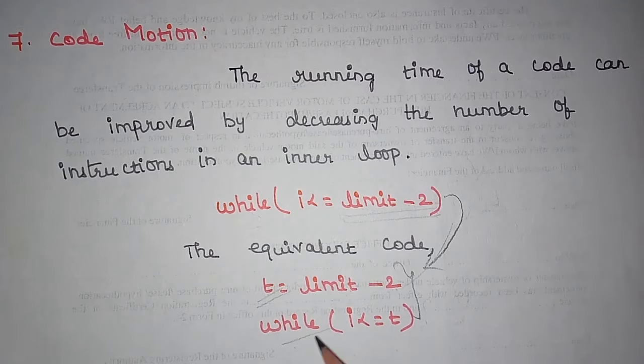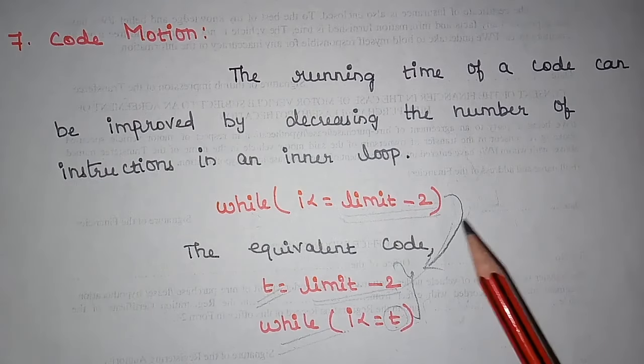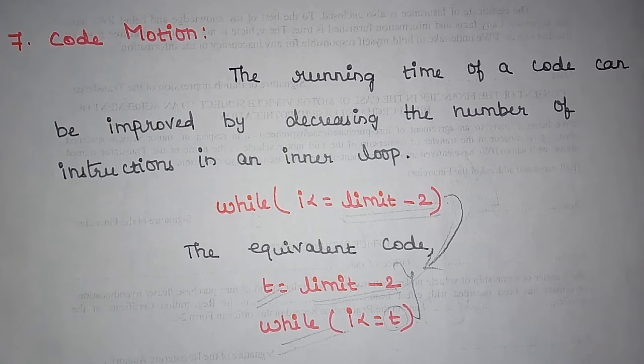Now whenever you are executing this while loop, it will take the value of t directly and compare it with the value of I. So instead of evaluating this expression every time the loop is executing, we have just reduced the evaluation by assigning it to a temporary variable and using this temporary variable for comparison. This is how we can translate this code and optimize it.